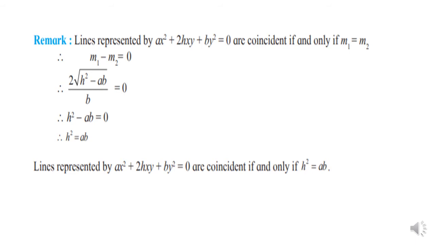It is 2 root of h square minus ab upon b, which is 0, or ultimately h square minus ab is equal to 0. So this is the condition for coincident lines. So remember both the conditions which we learned, that is the condition for perpendicular lines as well as the condition for coincident lines.